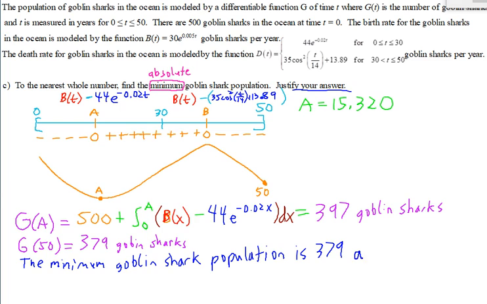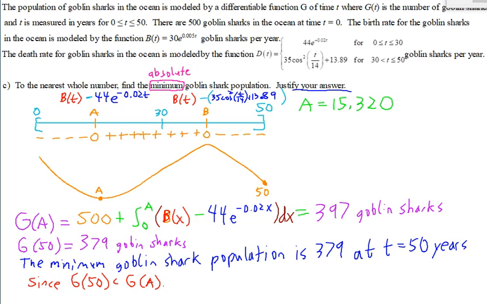Sometimes it would. We can say at t equals 50, the units for time here are years. And then your justification, all you have to say is since, what we just found here, g of 50 turned out to be less than g of a, the possible places the minimum would be.